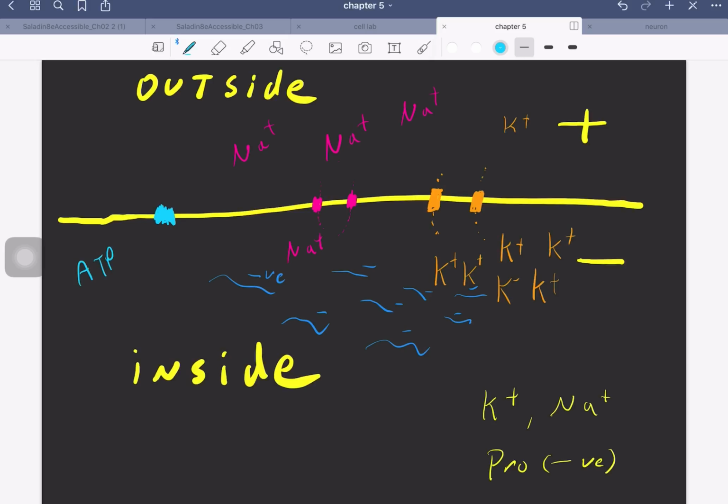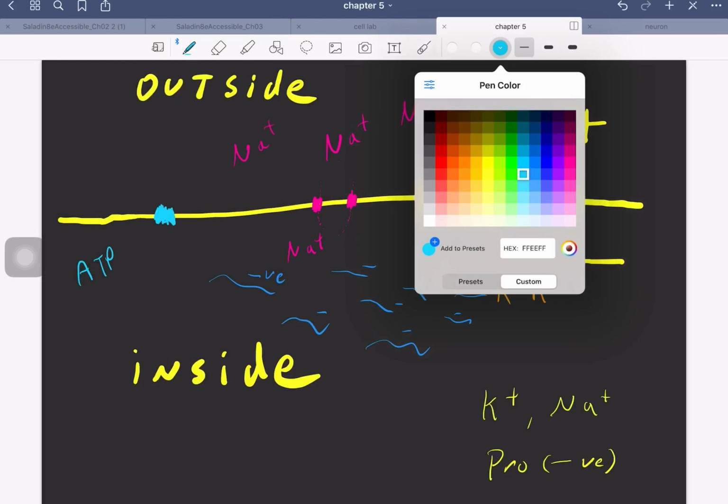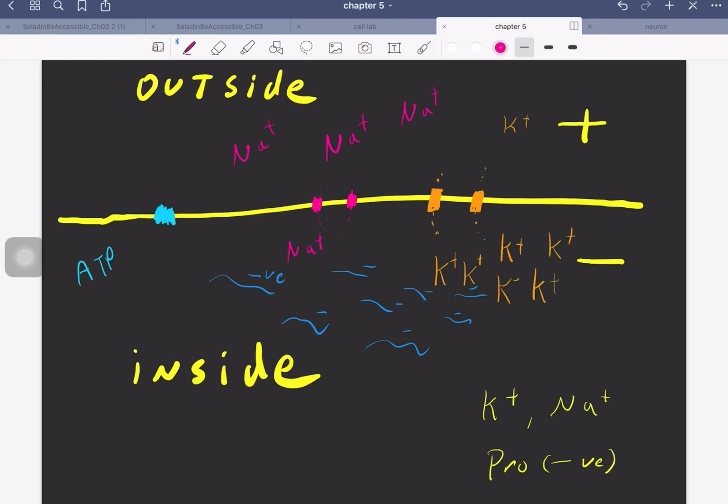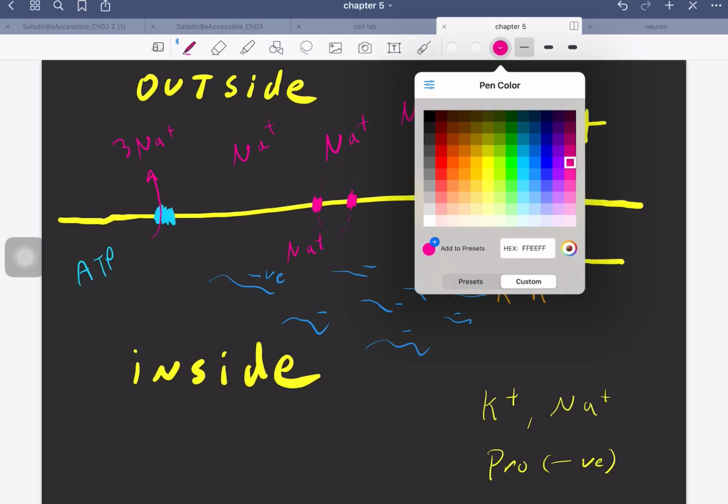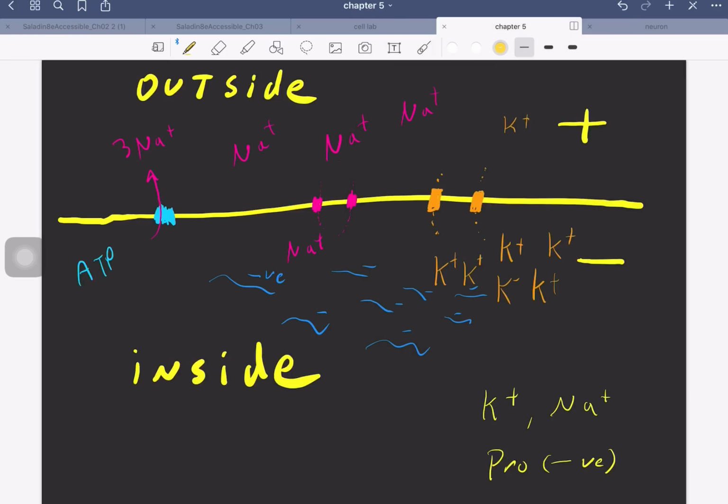The role of the sodium-potassium pump is to basically pump out 3 sodiums. So for every time the pump fires, I have 3 sodiums that move out, and correspondingly, I have 2 potassiums that move in.